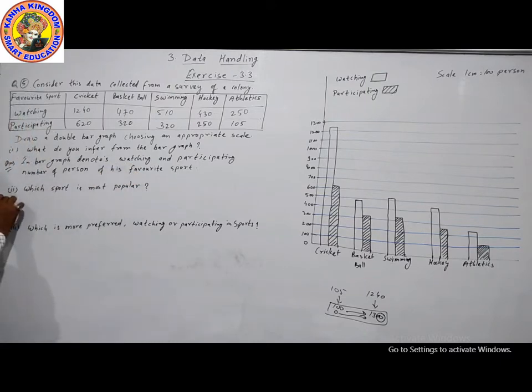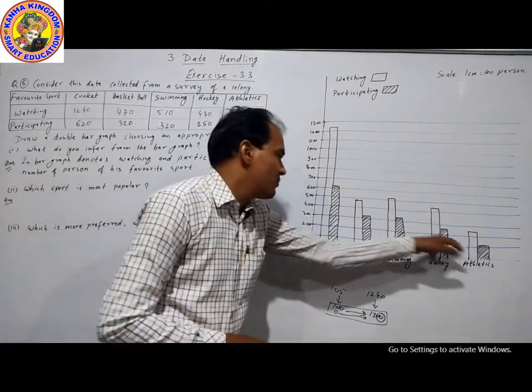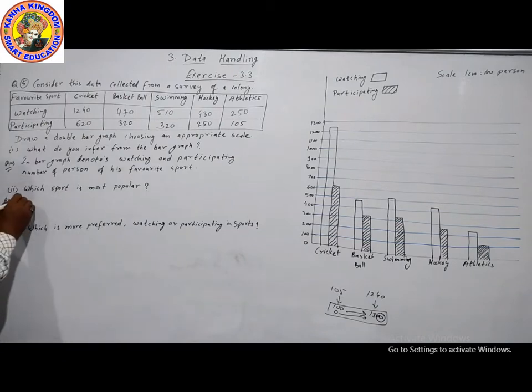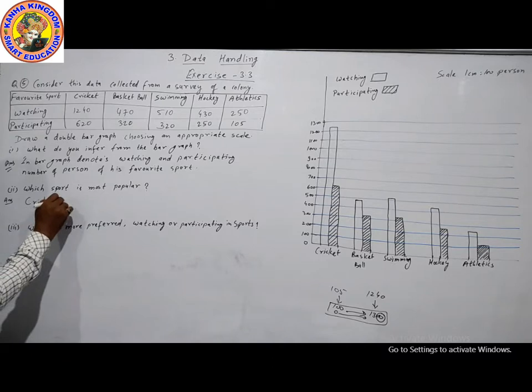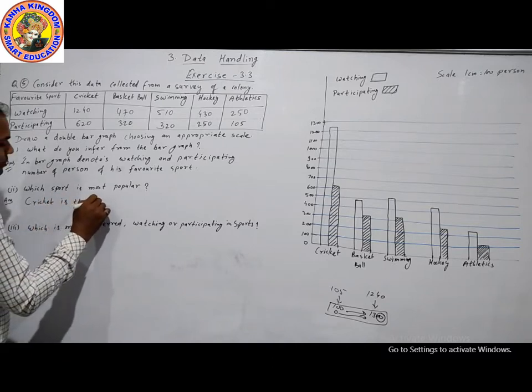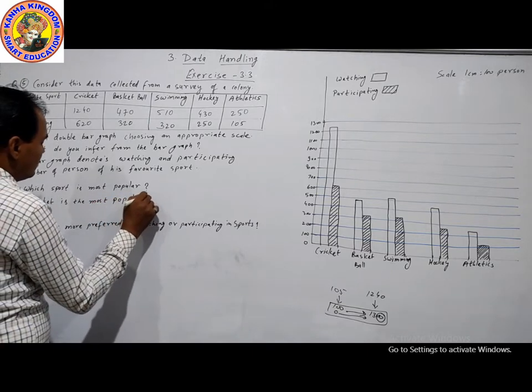Now second: which sport is most popular? The bar of cricket is the highest, so cricket is the most popular sport.